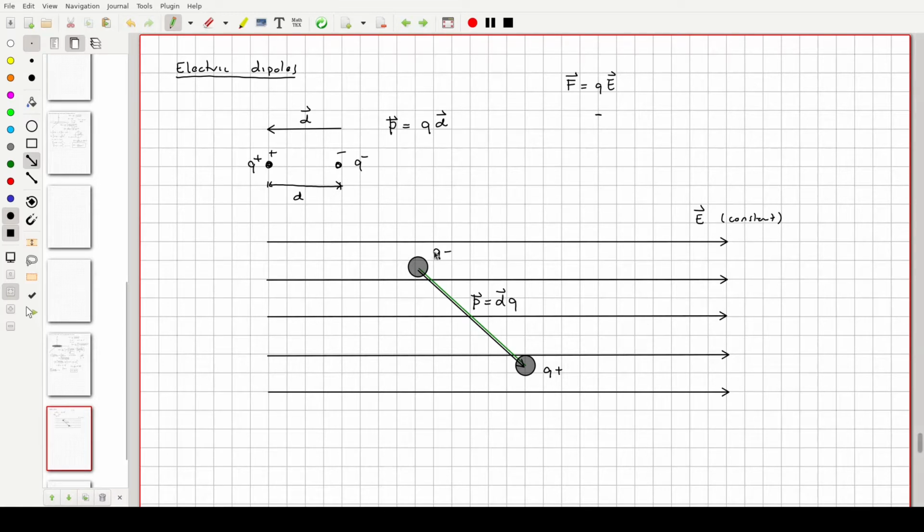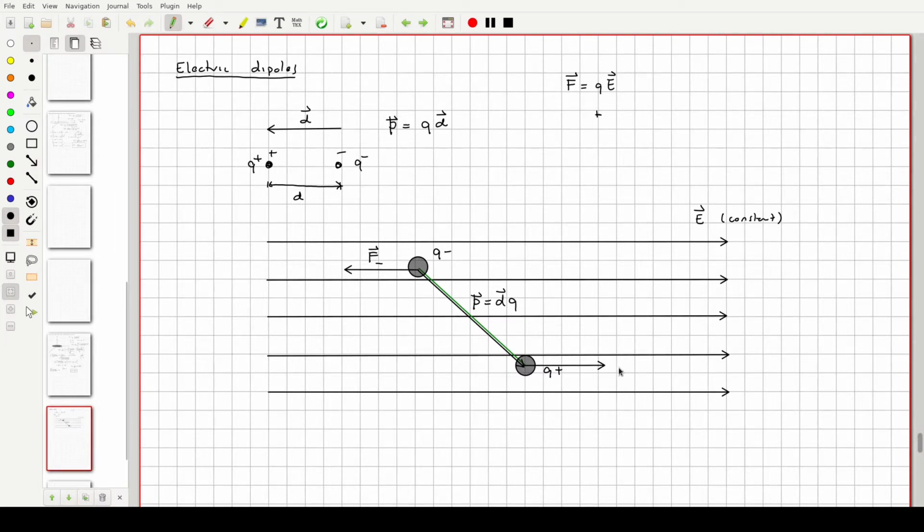For example, up here, negative Q is going to experience a force this way, which I'll call F negative. This one right here is positive. Positive charges experience forces in the same direction as the electric field.